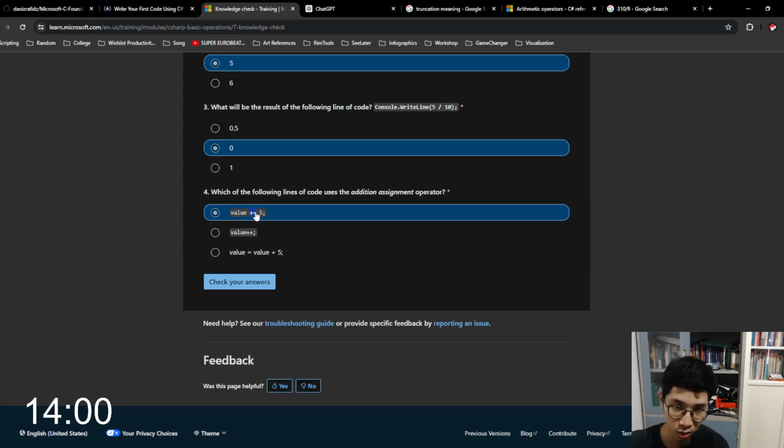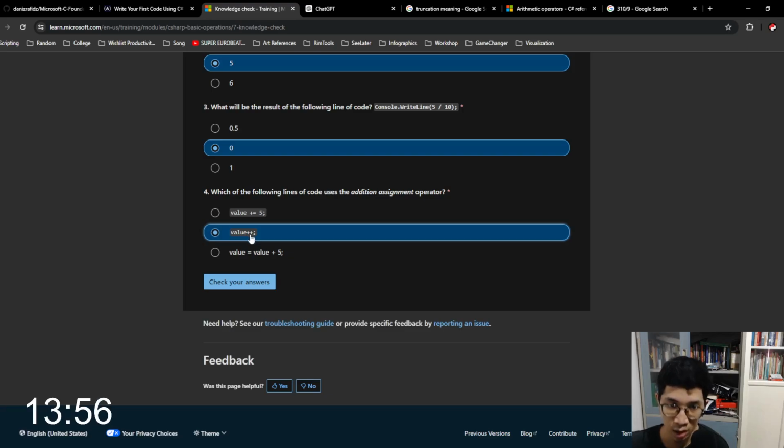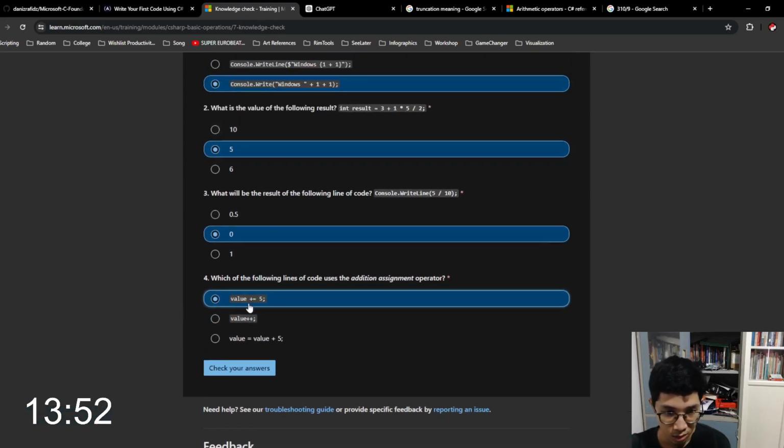But this is what is called addition assignment. This one is the increment operator, not addition assignment. So value plus equal 5 semicolon is the correct answer.